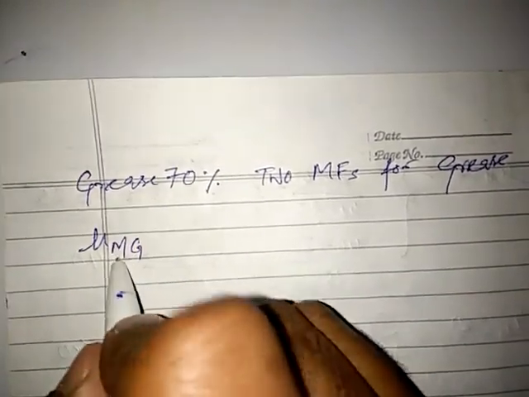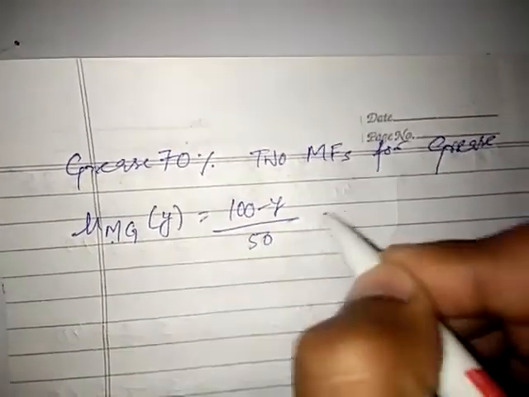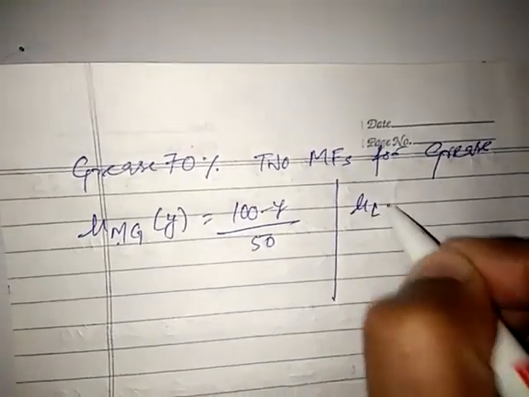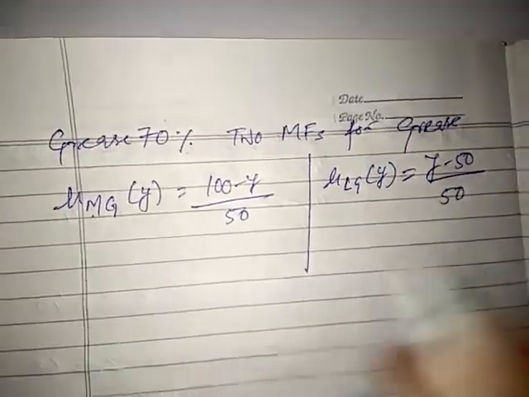Grease is 70%, so there are again two membership functions for grease. The first is the membership function for medium grease, mu medium grease(y) equal to (100 minus y) divided by 50, and second is the large grease, (y minus 50) divided by 50.